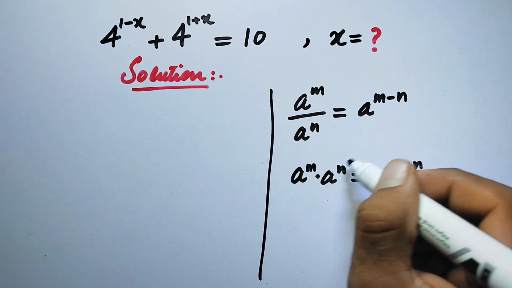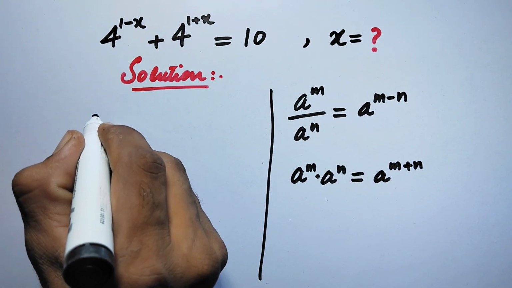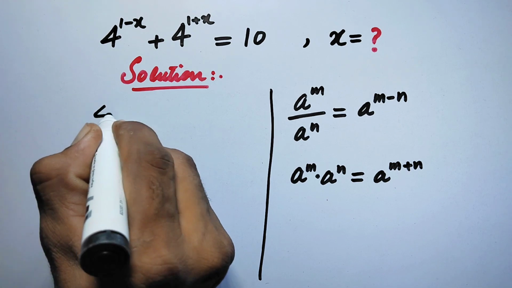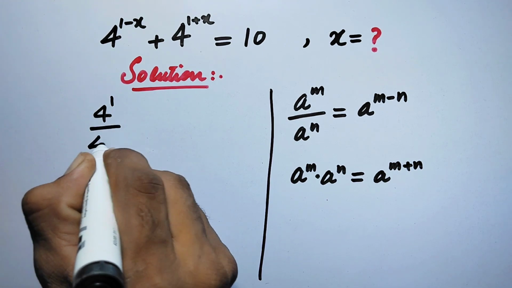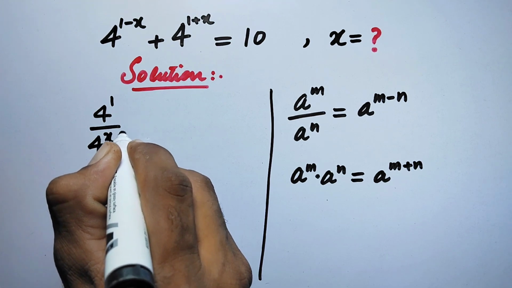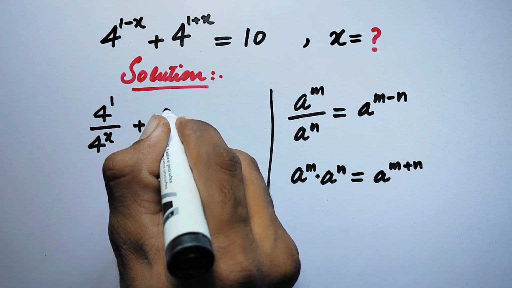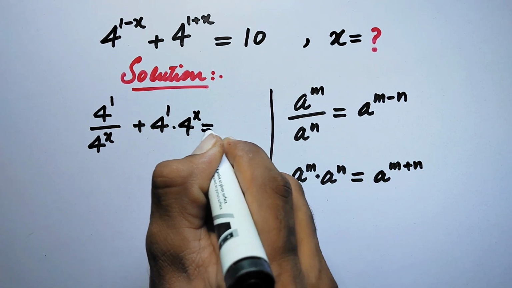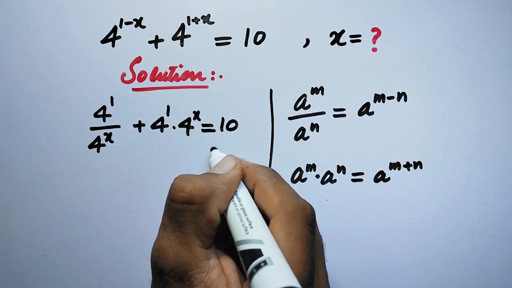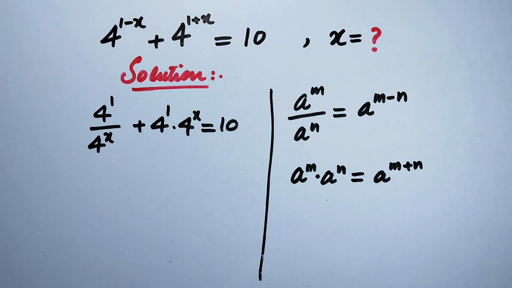So according to these rules, we can write these values in this way: 4 to power 1 over 4 to power x plus 4 to power 1 times 4 to power x is equal to 10.